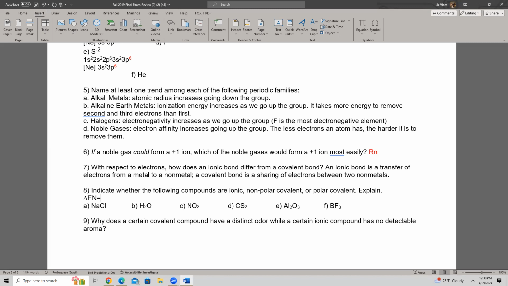All right, so according to this graph that I gave you guys, it's a bar graph, not a pie graph. Sodium has an electronegativity of 0.9 and chlorine has 3.0.